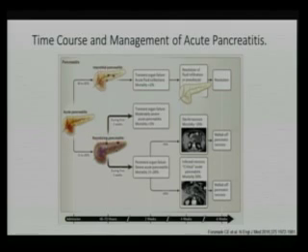The problem is the ones that develop more severe pancreatitis, necrosis of the pancreas. These are the ones that will have a persistent organ failure. These are the ones that will become infected, and once you become infected, your mortality rises to 10 to 30%. So again, these are the ones that you really need to be more aware of.